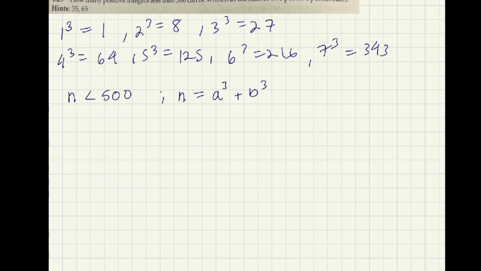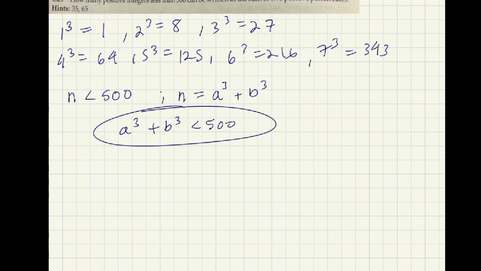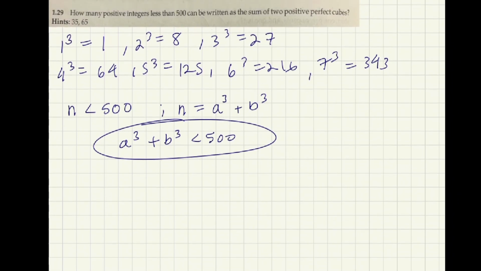When we find all the solutions case by case, we have to remove all the solutions which are not unique. So the condition we have to solve for is a cubed plus b cubed less than 500.